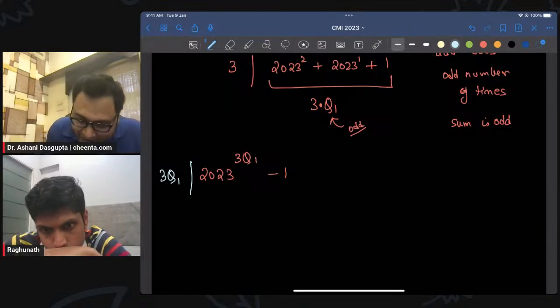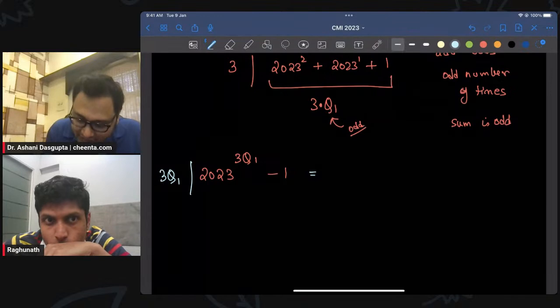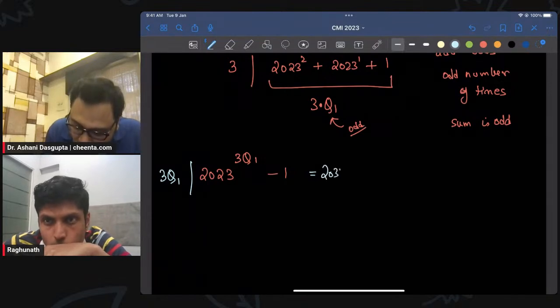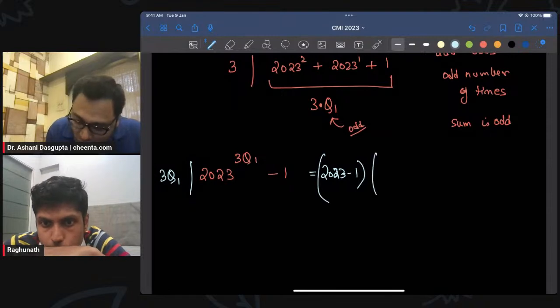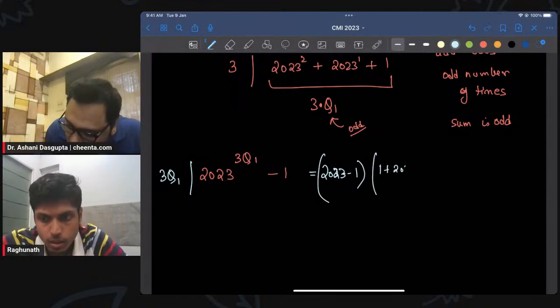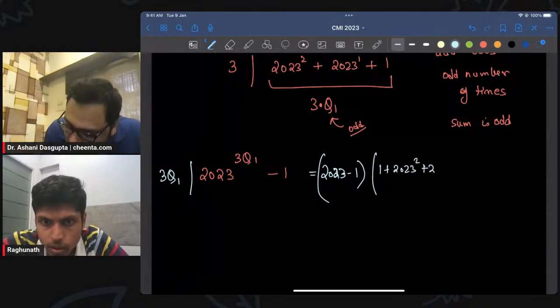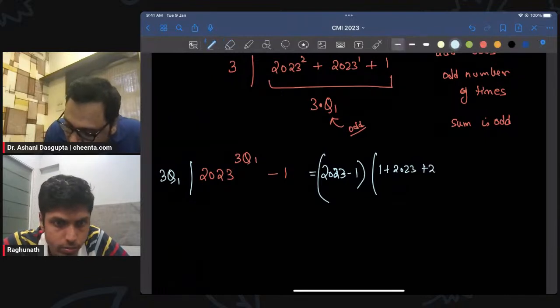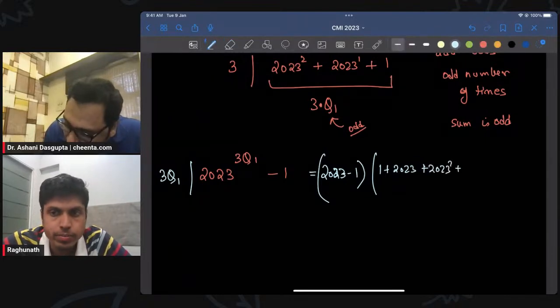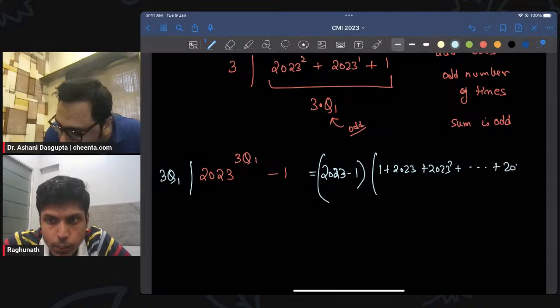Well, let's factorize this. This is 2023 minus 1 times 1 plus 2023 plus 2023 square up to 2023 raised to the power 3q1 minus 1.